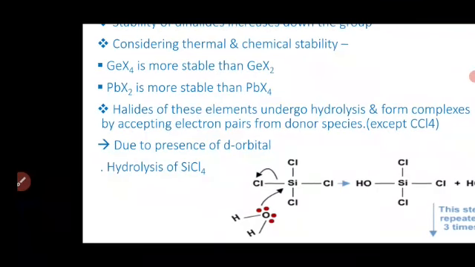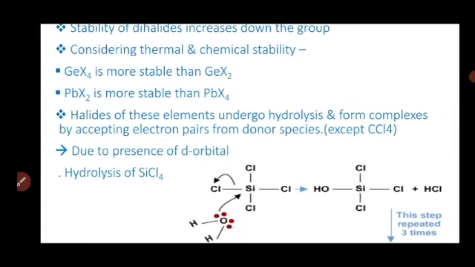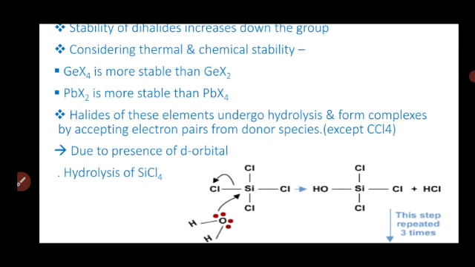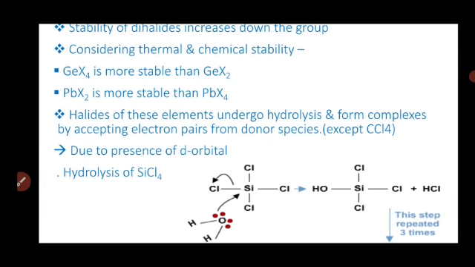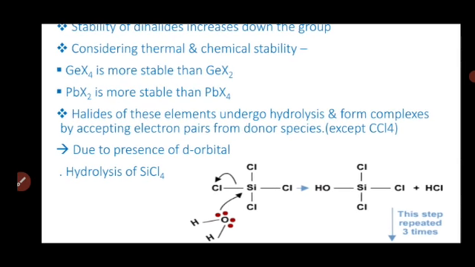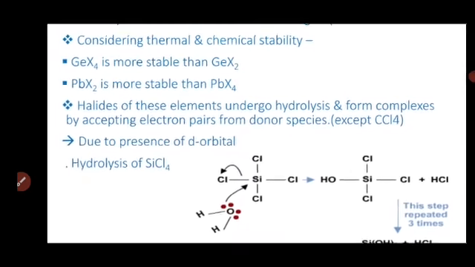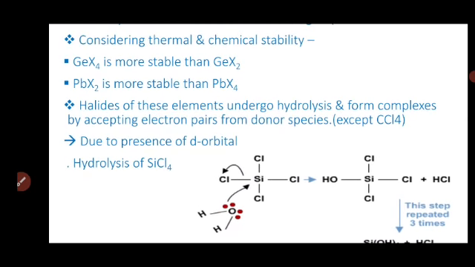Now when they undergo hydrolysis, that is when they react with water, they form complexes. Why are they forming the complexes? Because they accept the electron pair from the donor species. Now here, which is the donor species?